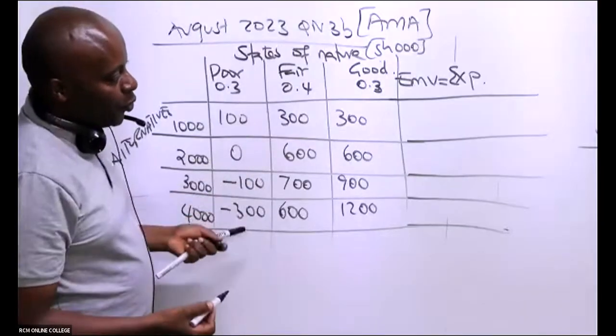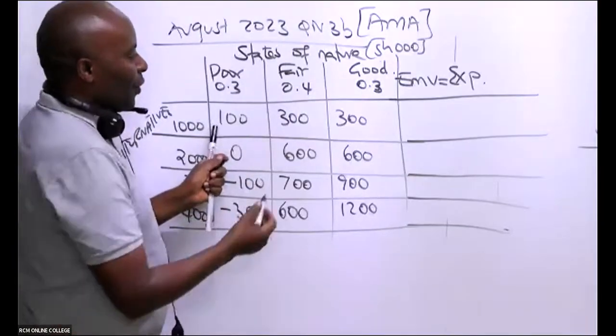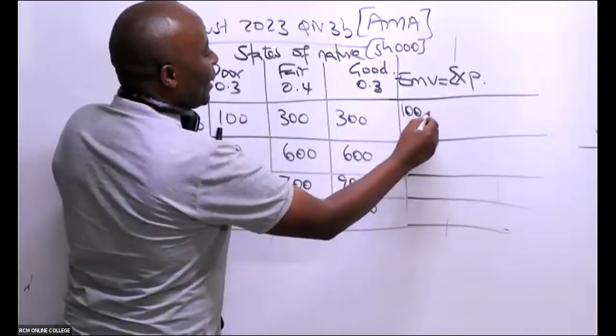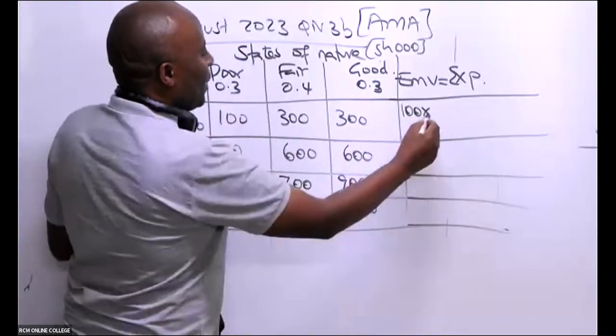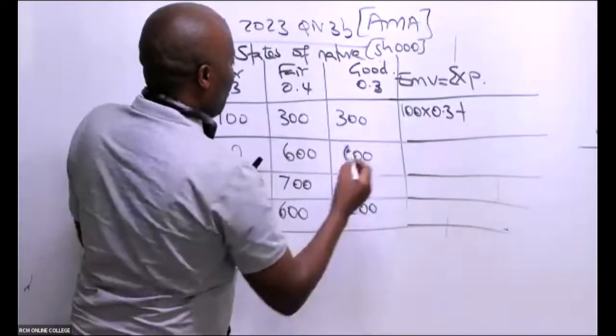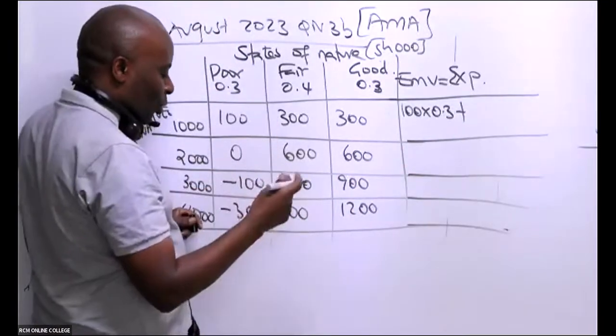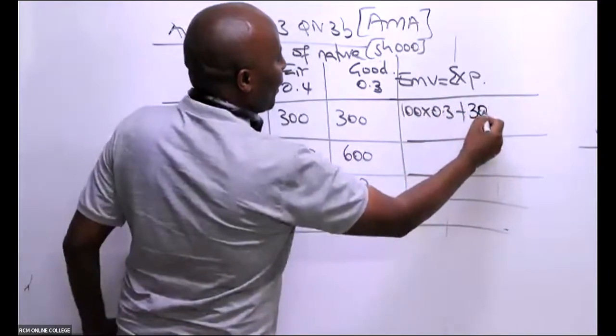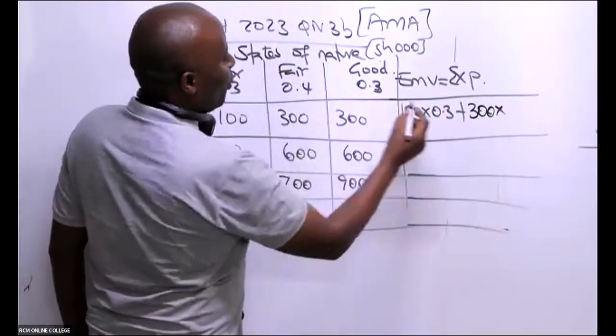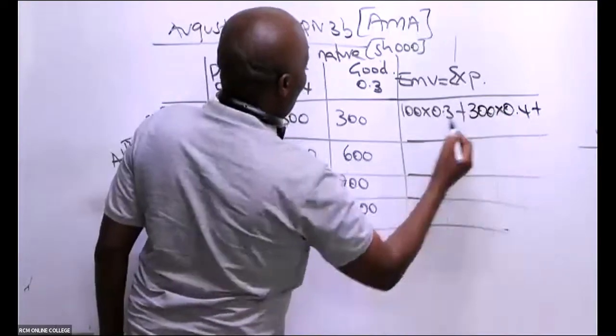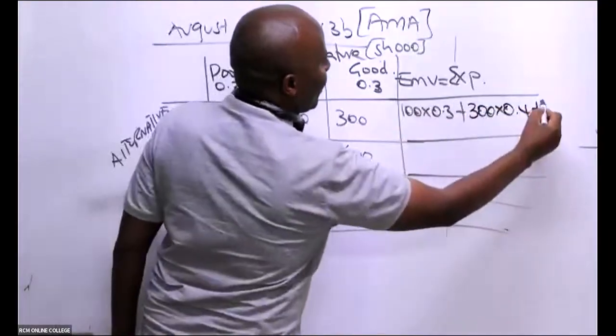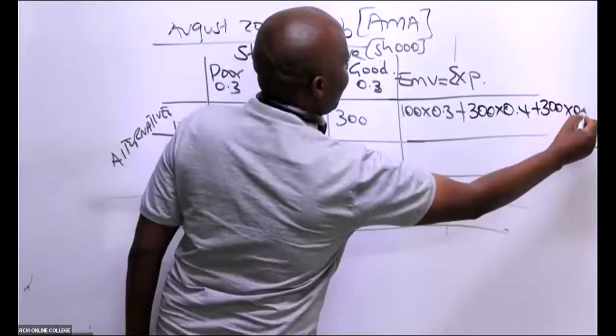So for the first alternative, either I get 100 at this probability, times 0.3, or I can as well get 300, so 300 times its probability, which is 0.4, or this 300 times 0.3.